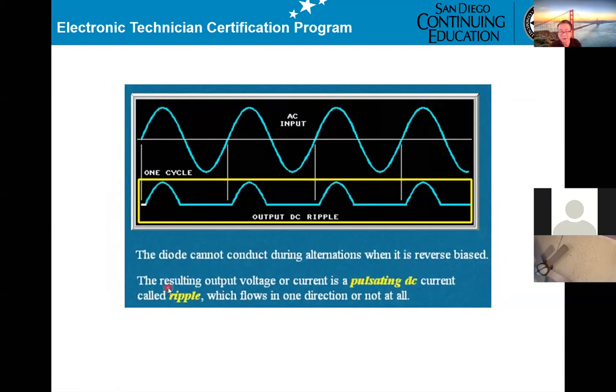Okay, and also they go into more detail here: the resulting output voltage or current is what they call a pulsating DC, and the current they call a ripple, which flows in one direction or not at all. That means this is what they call DC.